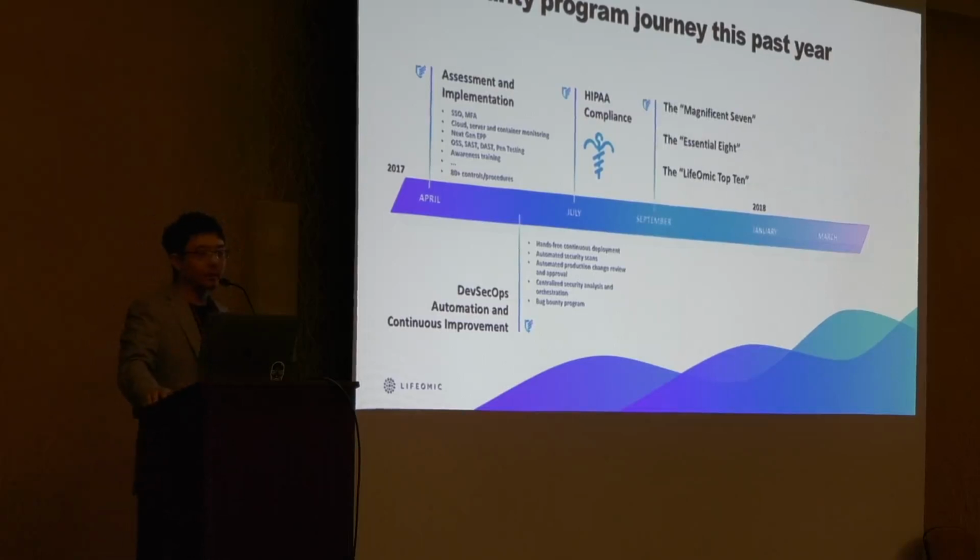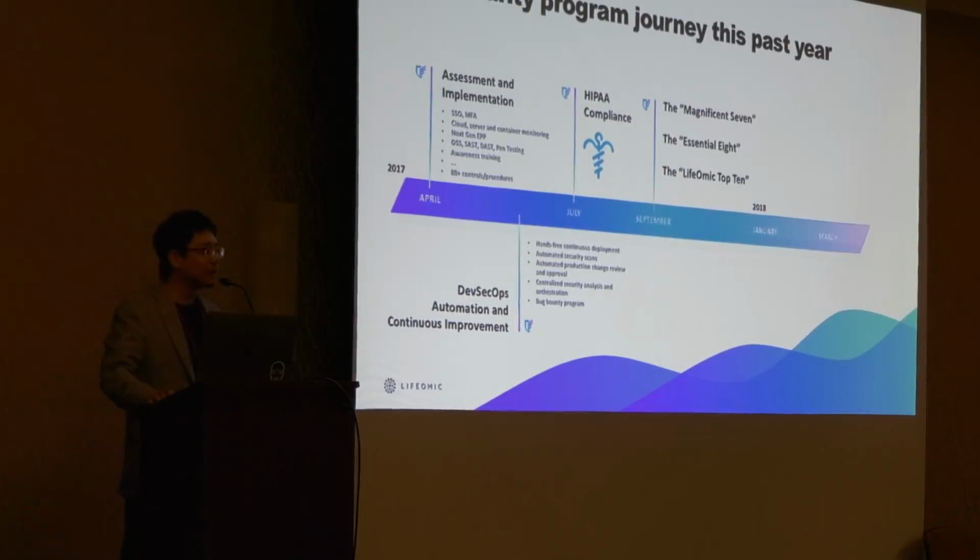This one is a bit of a story. When we were first presenting a version of our approach, we wanted to come up with something interesting for the name of our approach. This all happened in one day. In the morning, Phil and I were chatting about what kind of a cool name we should give our security program foundations. There were 7 principles at the time, and we called it the Magnificent 7.